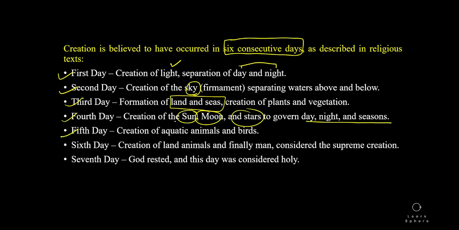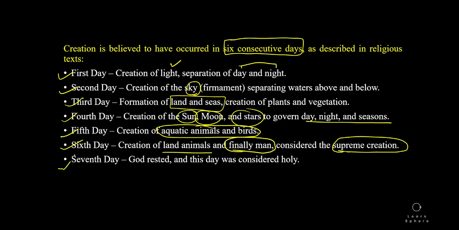On the fifth day, aquatic animals and birds were created. On the very sixth day, land animals were created, and finally man was created, which is considered the supreme creation of God. And according to this theory, on the seventh day God rested, and this day was considered a holy day.